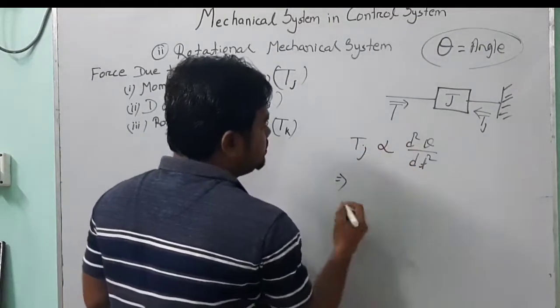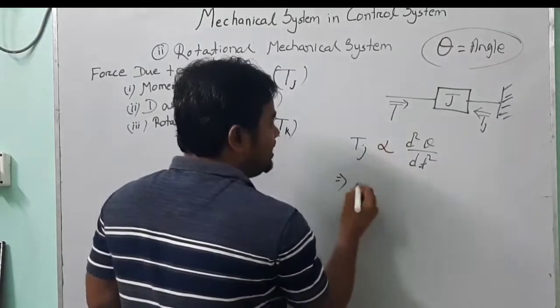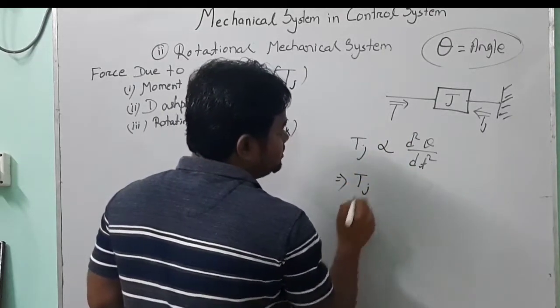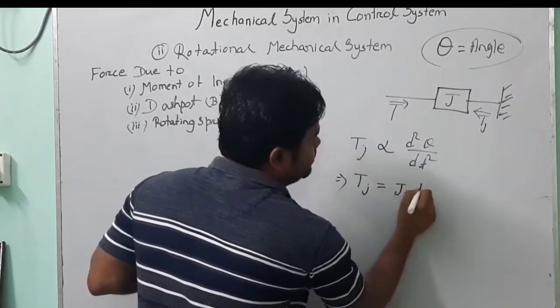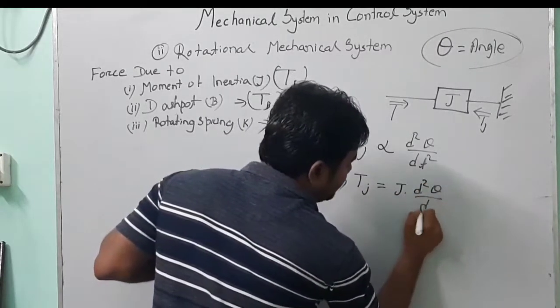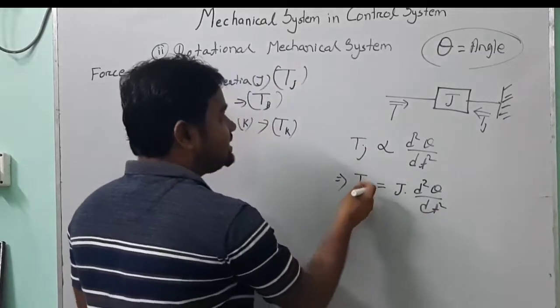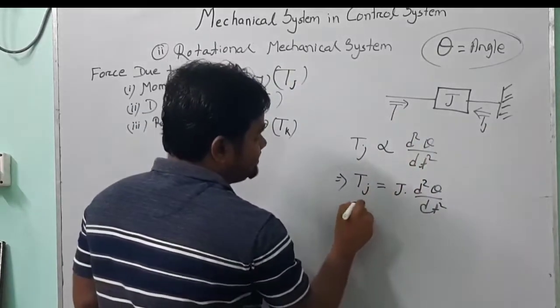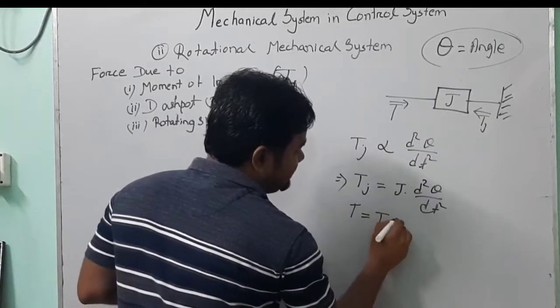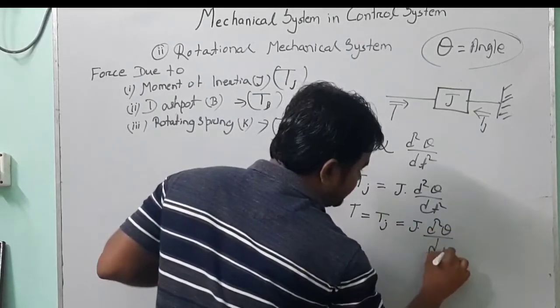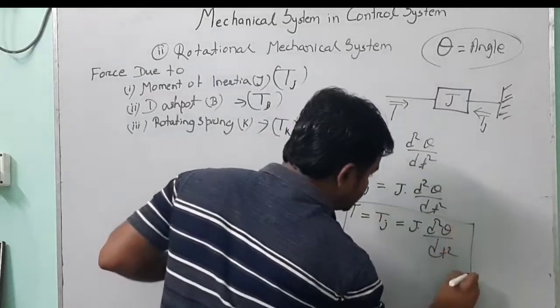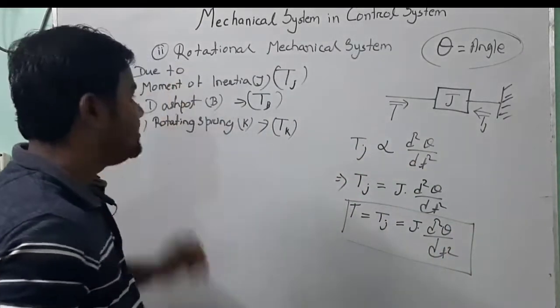To make the proportionality an equality, we put a constant, so Tj is equal to J into d square theta by dt square, and Tj is also equal to T. That implies T is equal to Tj is equal to J into d square theta by dt square. This is the equation for the torque in a moment of inertia.